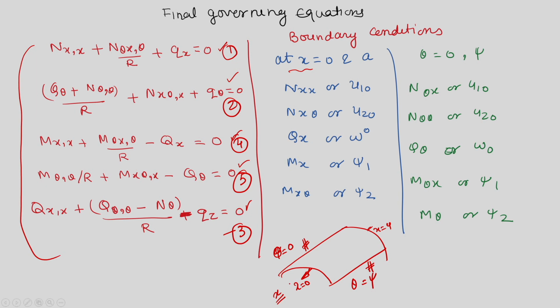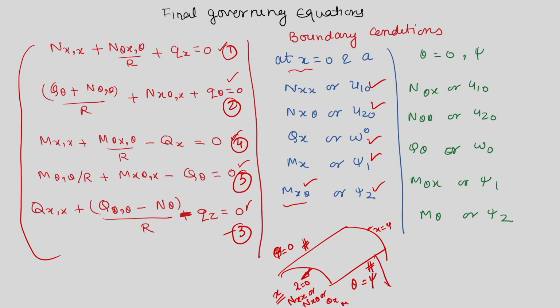So, in the case of boundary condition, we can say that in-plane stress resultant nxx or displacement u1, nx theta or u2, qx or w, moment and psi 1, mx2 twisting moment and psi 2.